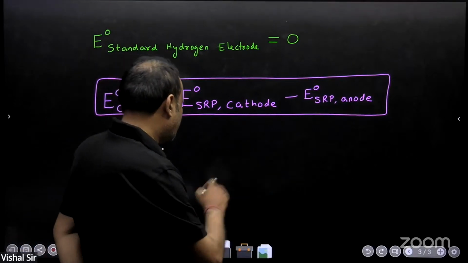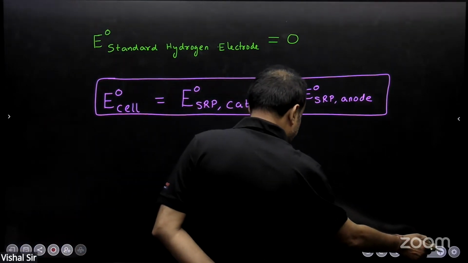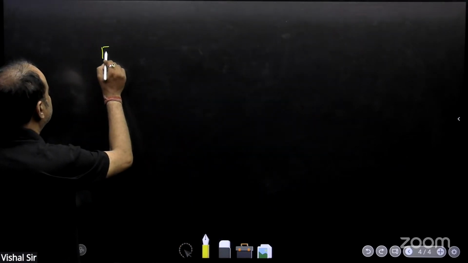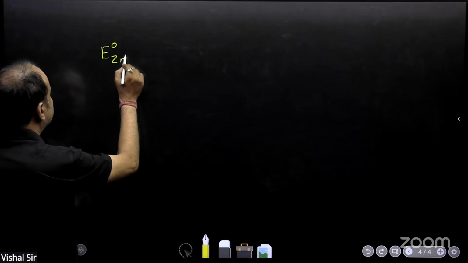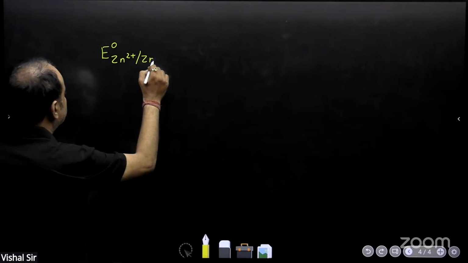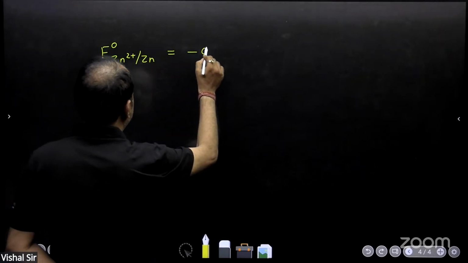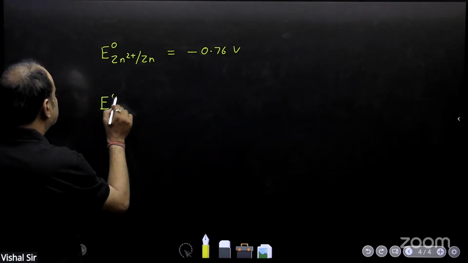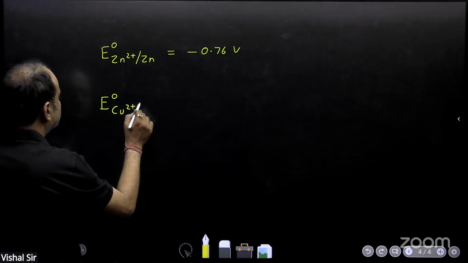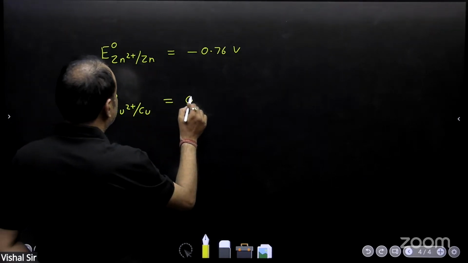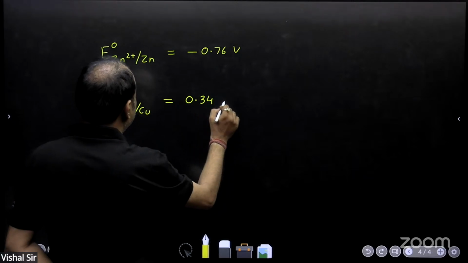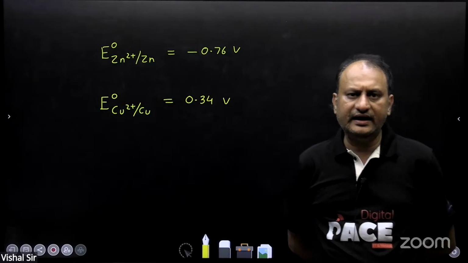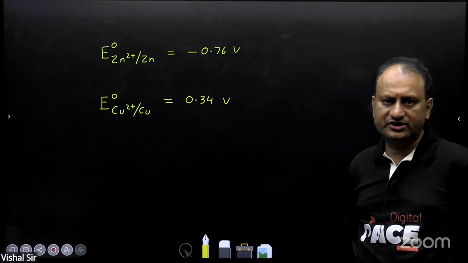Okay. So like, for example, let's say we are given these two half cells and their EMF values, their standard electrode potential.